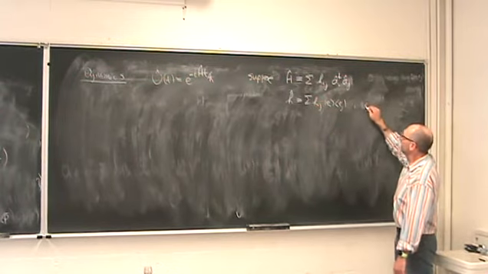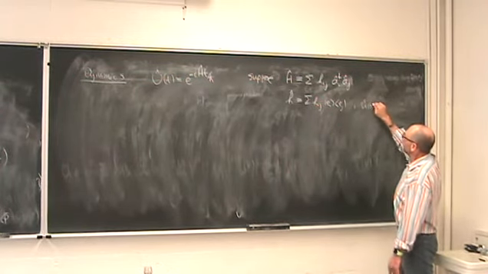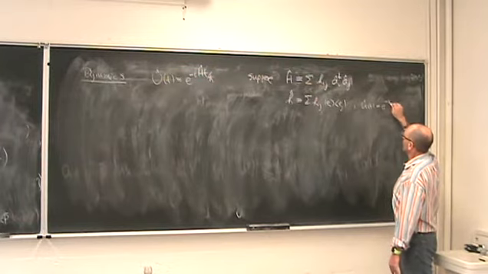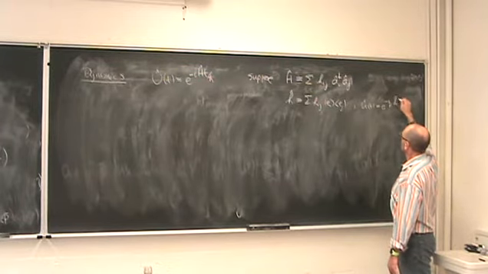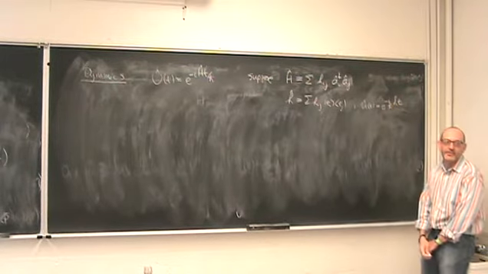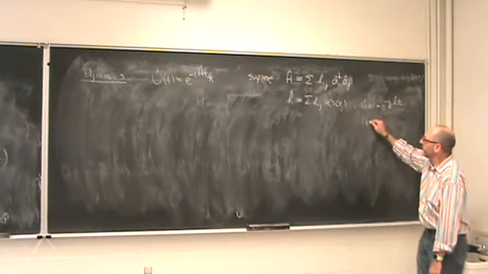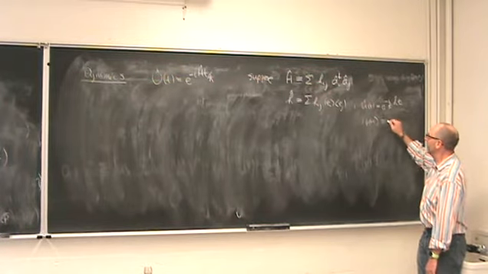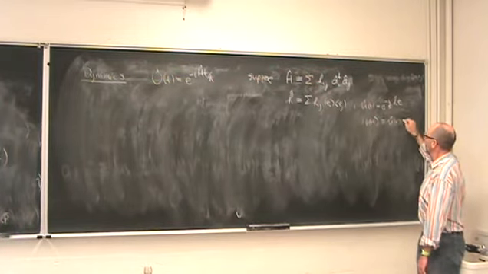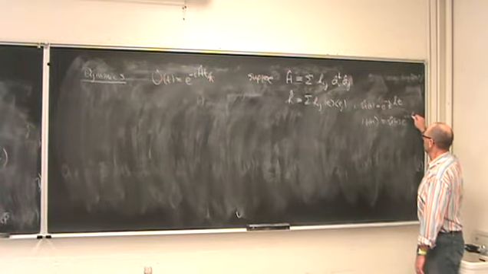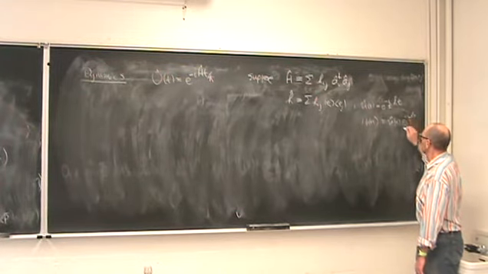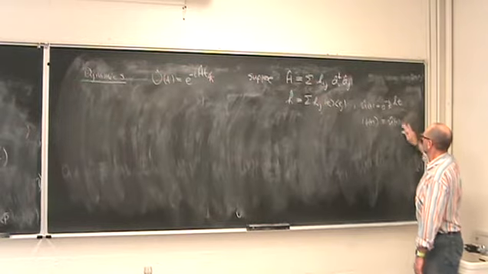And my single body unitary in the first quantization would look like that, right? And it was H and h bar. And if I wanted to know what the state was as evolved as a function of time, I would just apply this to the state.